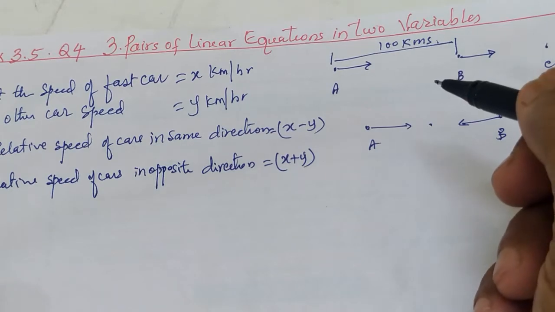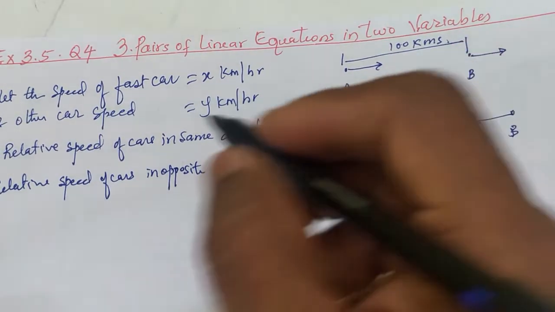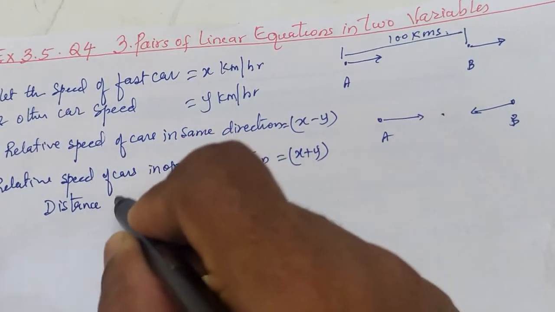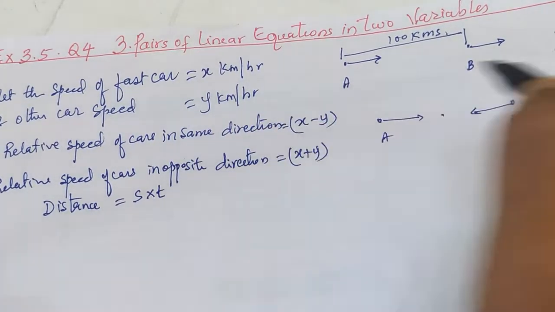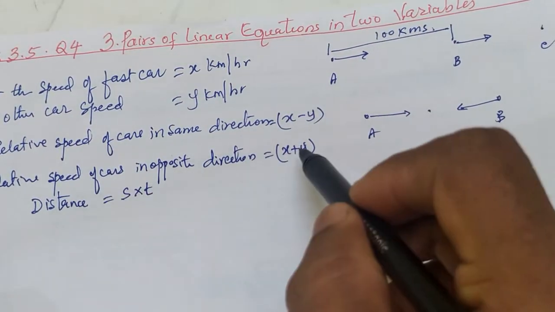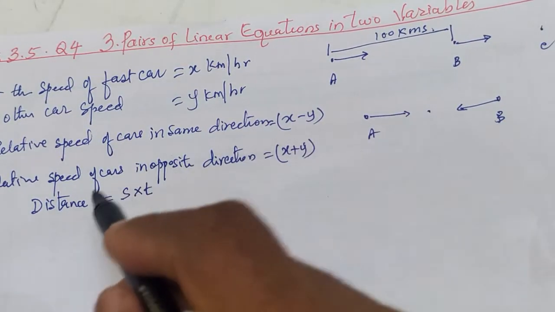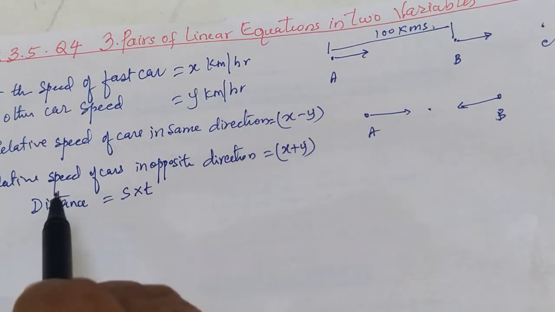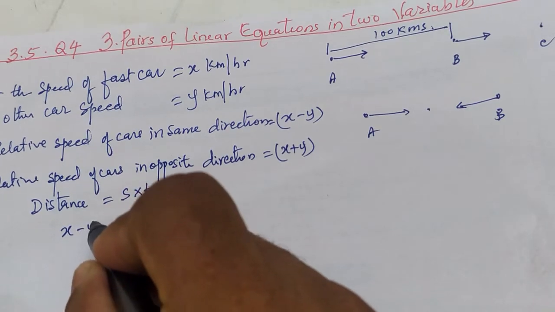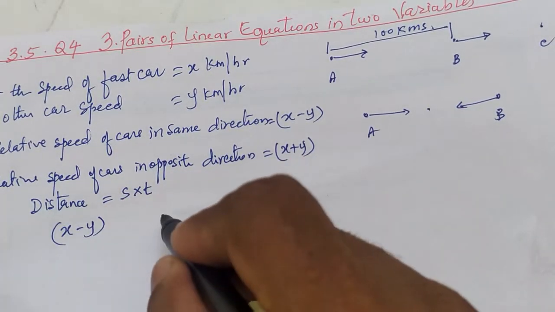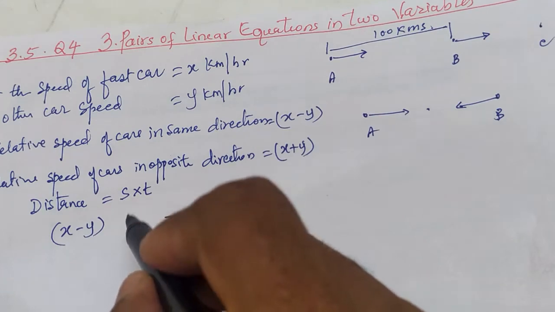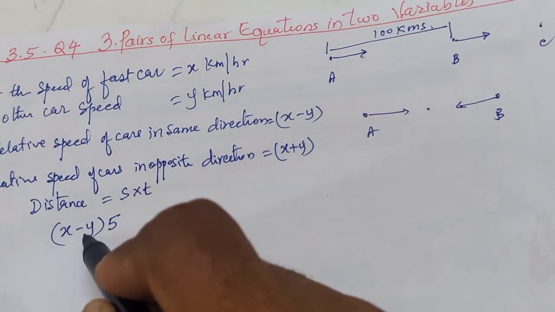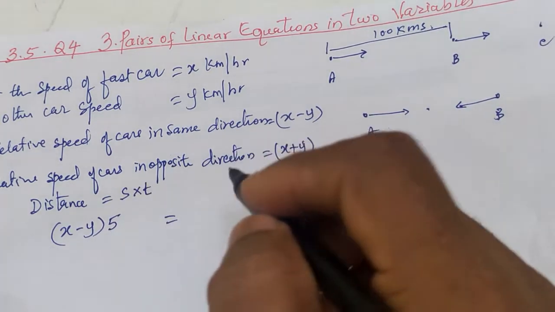So we know the formula, distance is speed into time. When we take the relative speed of the cars in the same direction, that is x minus y, and they meet each other in 5 hours, that is speed into time, 5 hours.